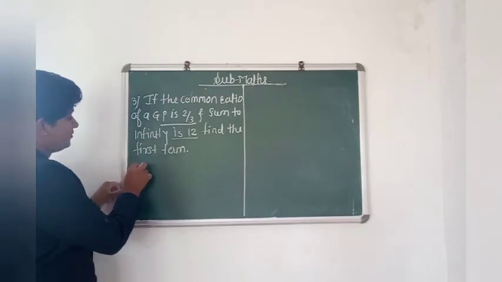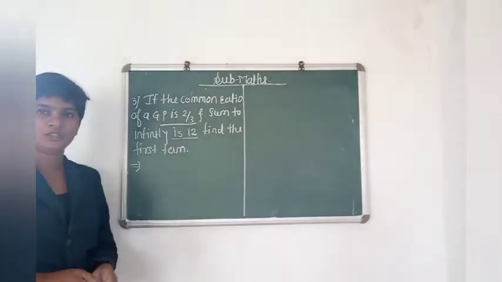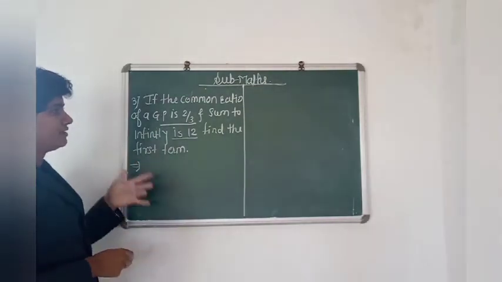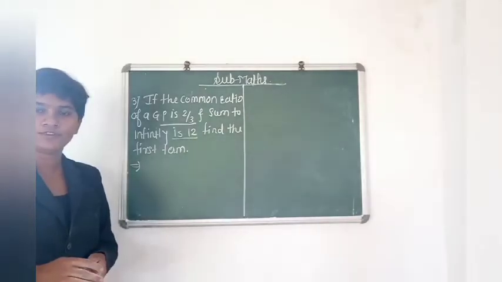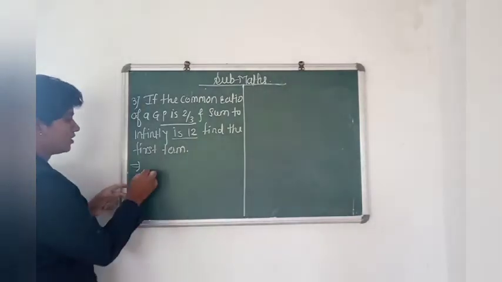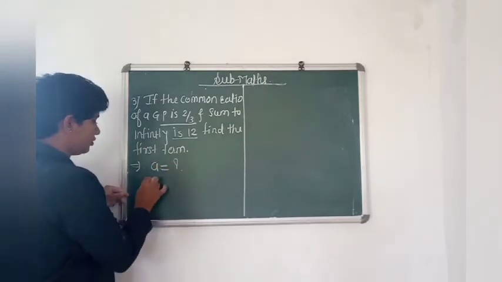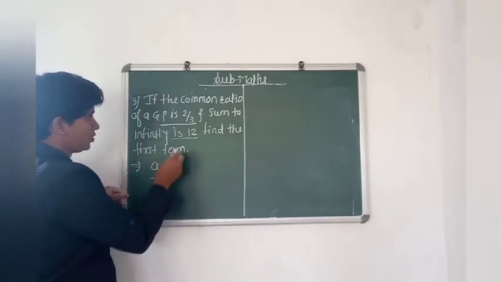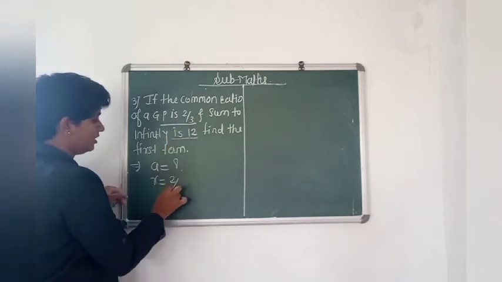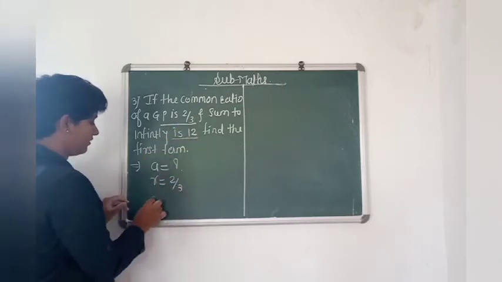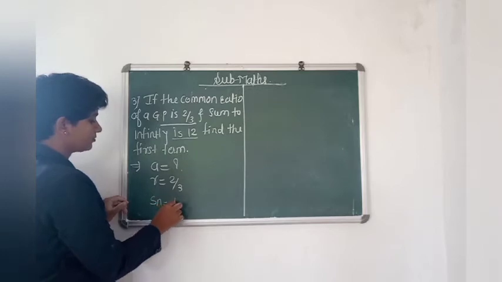Here a is the first term of the geometric progression, r is the common ratio, and S infinity is the sum of infinite terms. Given r is 2 by 3, and the sum S infinity is equal to 12.